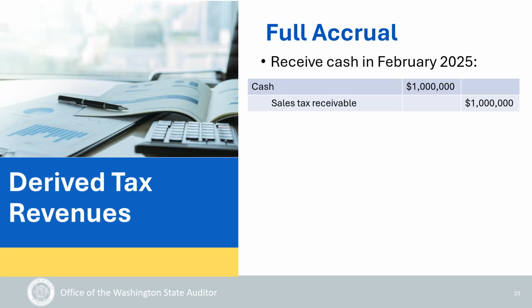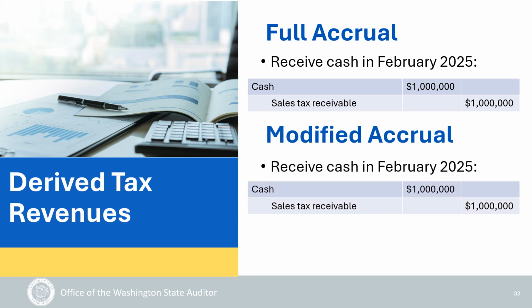Now in February, when the cash is receipted, full accrual debits cash and credits sales tax receivable to reduce it. Remember, in modified accrual, we also recorded a receivable. So we need to remove that receivable now that we have the cash. That entry is the exact same as full accrual. What's different is that deferred inflow we recorded in modified accrual.